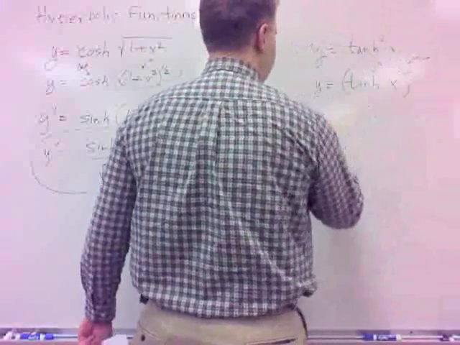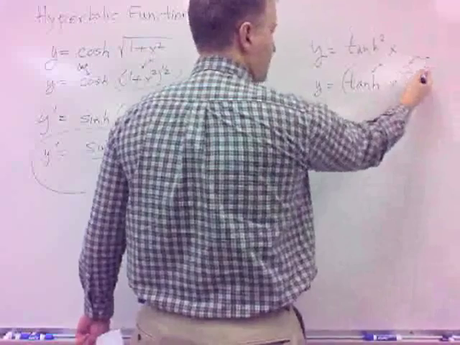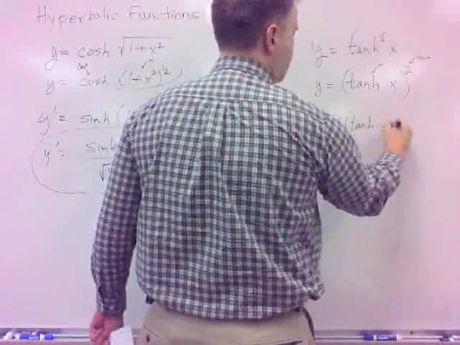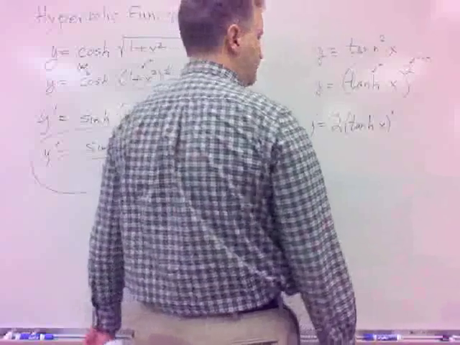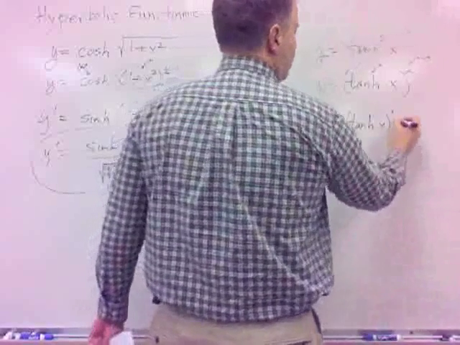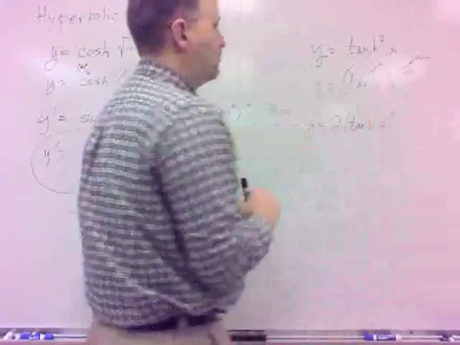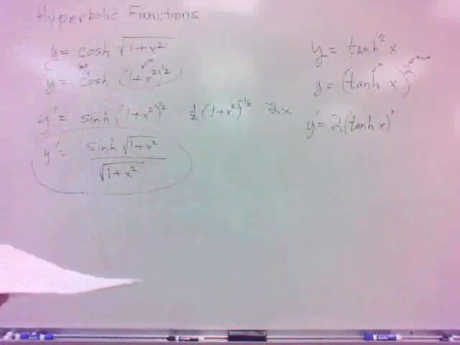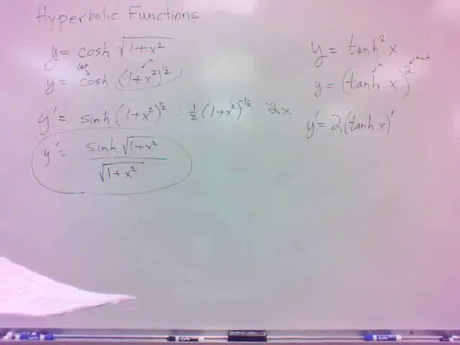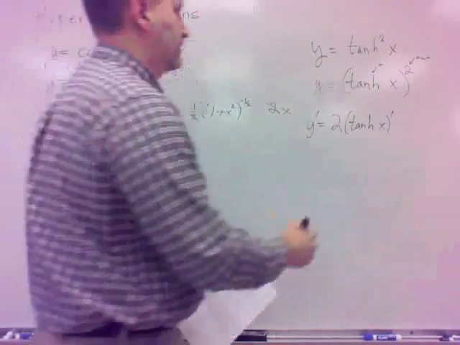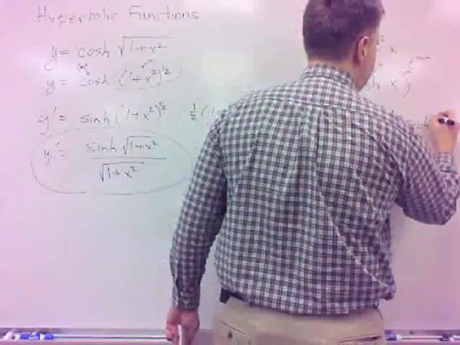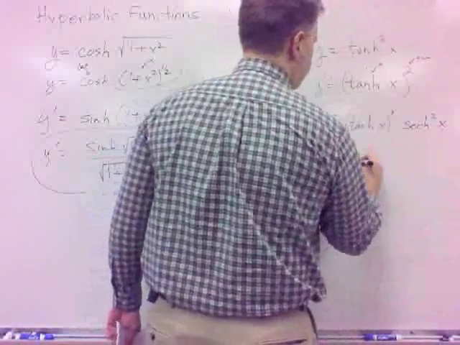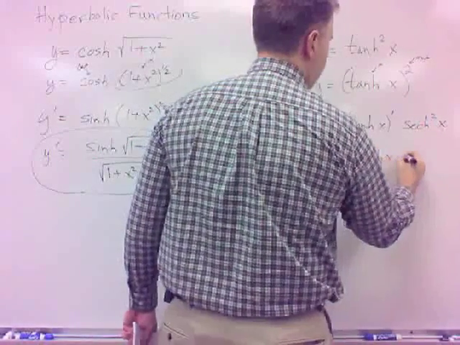So in my chain rule, to do the derivative, I do the outside, which is the power. Bring down the power, leave the inside the same, subtract 1 from the power, so it'd just be tanh to the first. Then I multiply by the derivative of the inside, and the derivative of tanh, remember its counterpart: tangent is secant squared, so tanh is sech squared. So it's just 2 tanh sech squared.